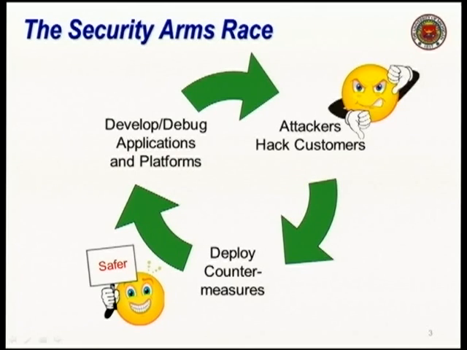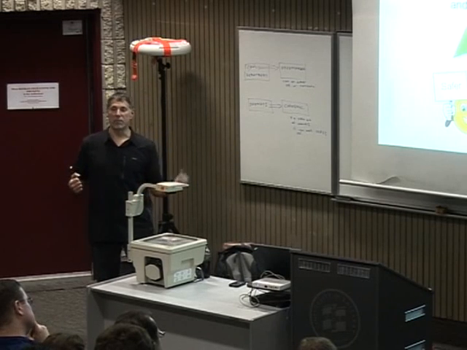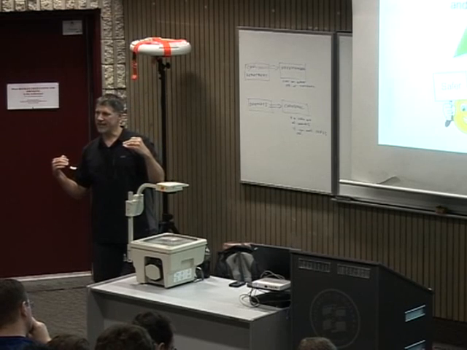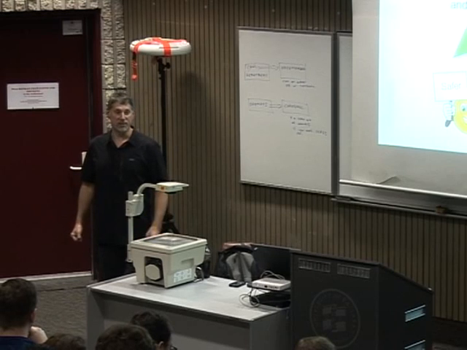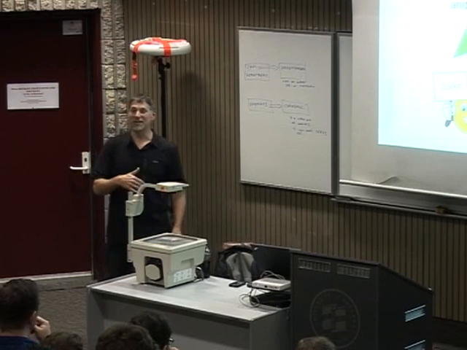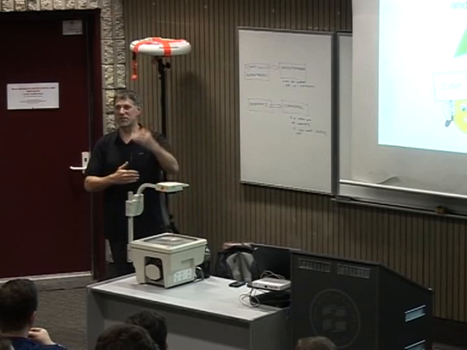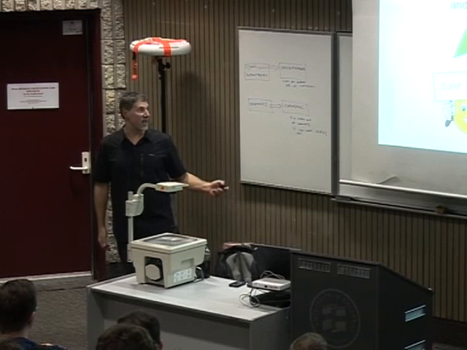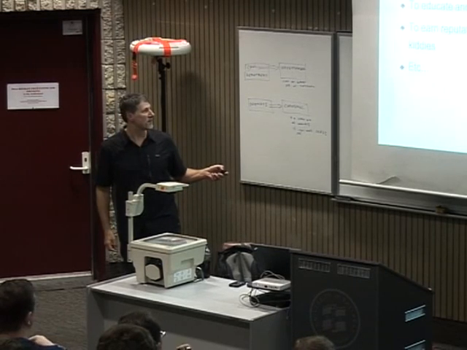So that's the arms race of the security world. We're always trying to improve the level of software safety, and then at the same time, the attackers are coming up with more sophisticated ways to attack our software. And one thing we're going to look at in the tutorial today is a small little version of that arms race over a period of about 10 years. It's pretty impressive, the attackers. They're definitely not dumb. They're very smart people.